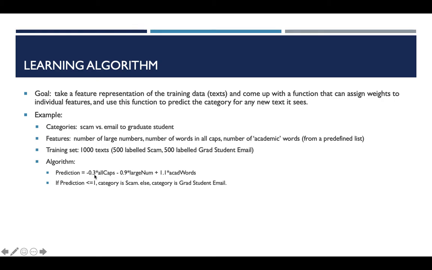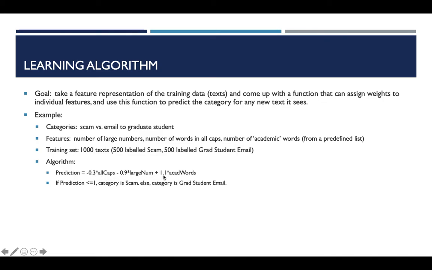And then maybe we can say that all capital letters are not as indicative of scam as large numbers. That's why the 0.9 is larger than 0.3. Large numbers could be a very clear, obvious sign that this is a scam. All capital letters might be more or less a certain sign, but they're both leaning towards scam. That's why they're both negative.